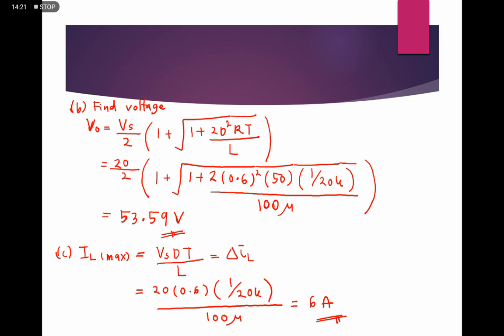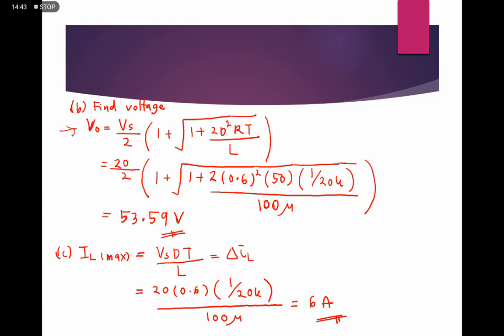Then for part B, you need to find the new voltage. Since your converter is now operating in DCM, you can't use the output voltage that has been given in the question. You need to find the new one. From the equation, you can refer to the previous slide to find the equation of V0.